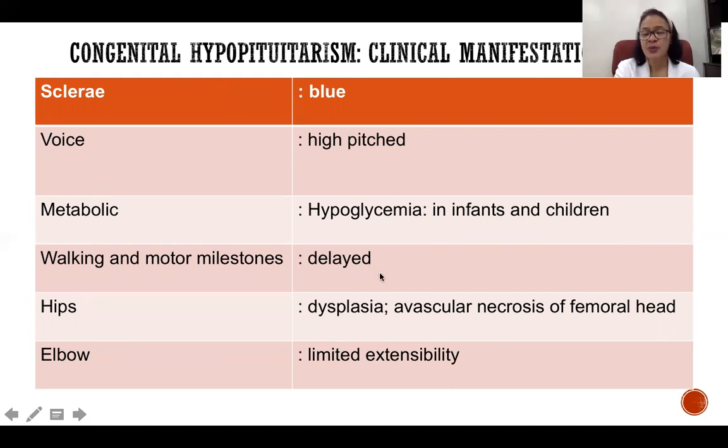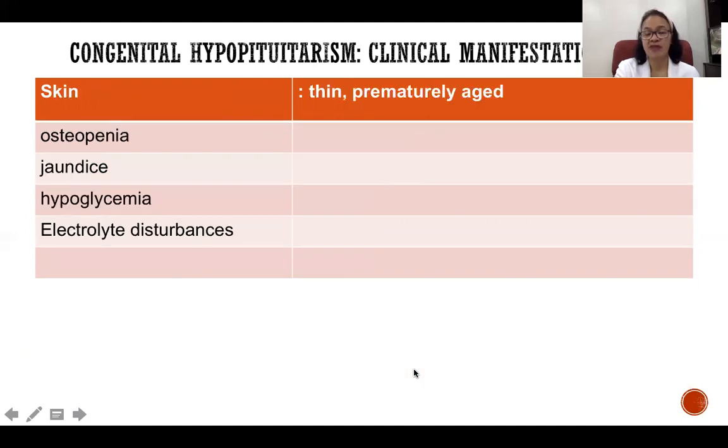Some of the motor milestones may be delayed, and there might be hip dysplasia and limited extensibility of the elbows. And the skin could be thin and prematurely aged. So there can be presence of osteopenia, jaundice, hypoglycemia, and some electrolyte disturbances.